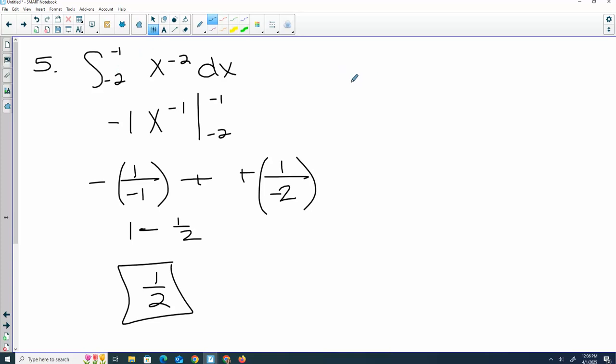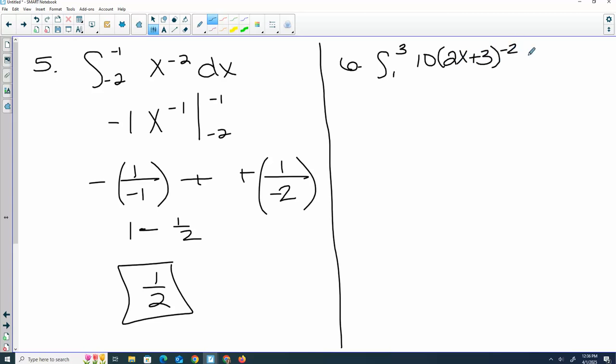So problem 6. Integral from 1 to 3 of 10 over 2x plus 3 squared. So that's like 10 times 2x plus 3 to the negative 2. So the antiderivative, the 10 is just going to come along. You add 1 to the power, so it's a negative 1. So what do we have to have in front to cancel that negative? A negative. Think about chain rule. So you would bring down the negative 1, that gives us a 10 times 2x plus 3 to the negative 2. But the derivative of the inside is 2.